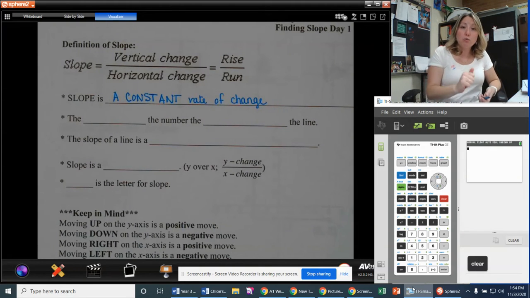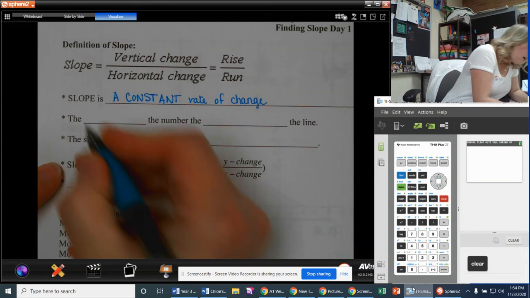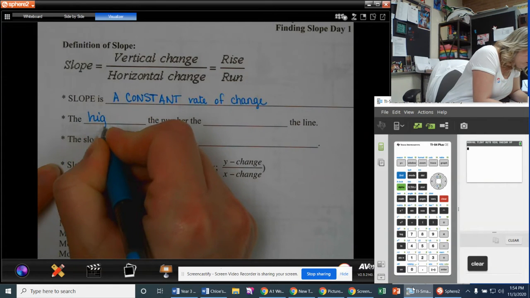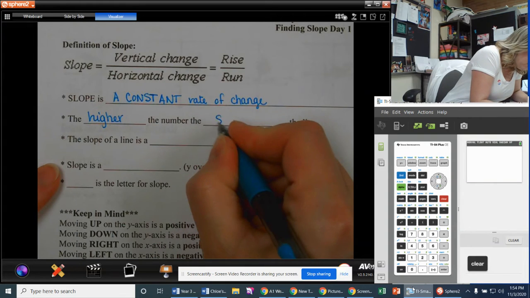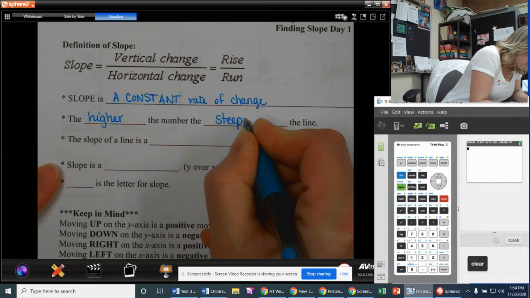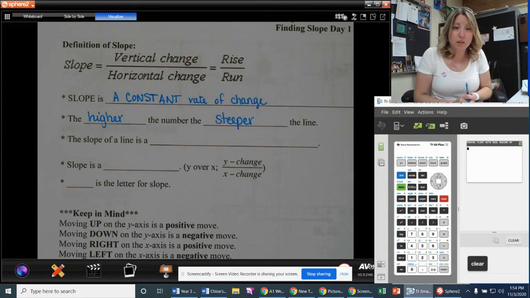Okay, so that's why we're so specific about slope as a constant rate of change. The higher the number for your slope, the steeper the line. And we're going to look into that a little bit.